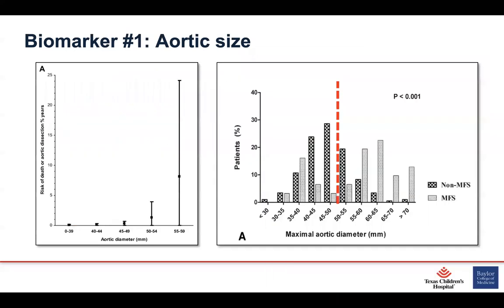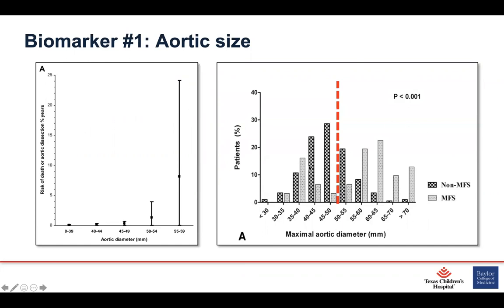Now, unfortunately, our best prediction algorithms for dissection still are based on aortic diameter. This first figure is from the French group that says, as your aorta gets bigger, the likelihood of dissection in Marfan syndrome, this is specific to Marfan syndrome, goes up the bigger your aorta is. So once your aorta is 55 to 59 millimeters, your likelihood is up to 25% risk.